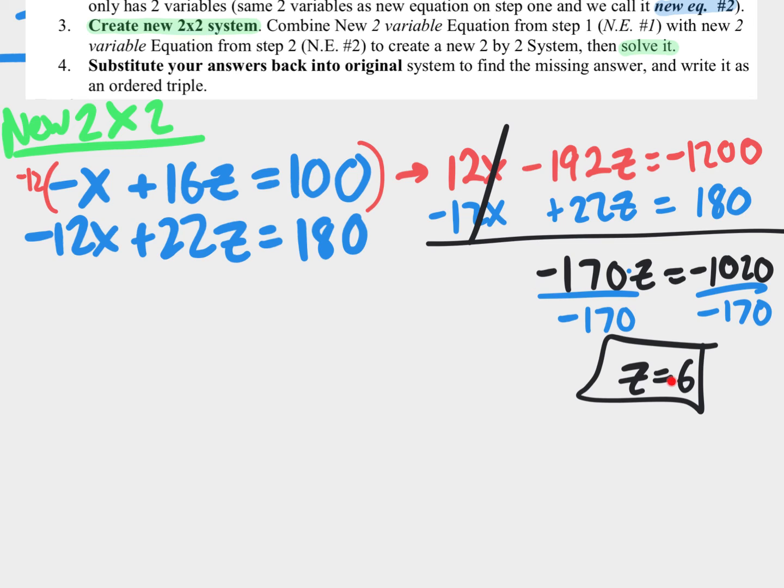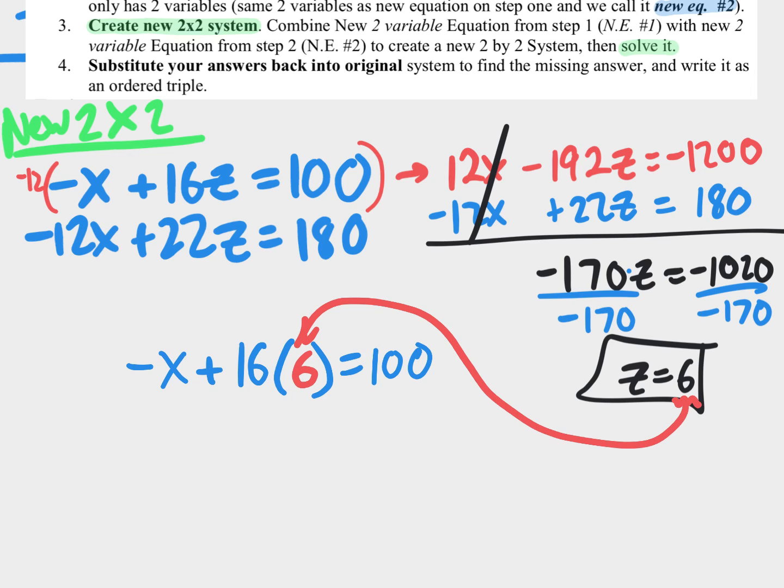Now let's plug in that 6 back into either the top of the 2x2 or the bottom. It doesn't really matter. I am going to go for the top. The top one says negative x plus 16z equals 100. Notice that I left a blank spot, or I put parentheses, so I could plug in the z. I know that z is 6.